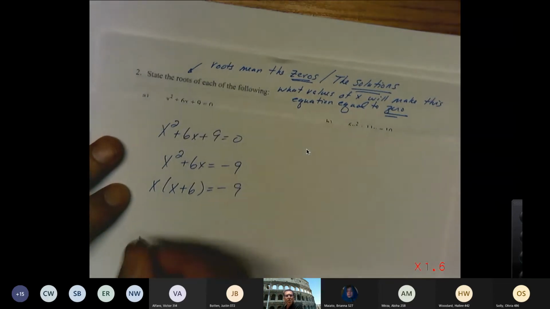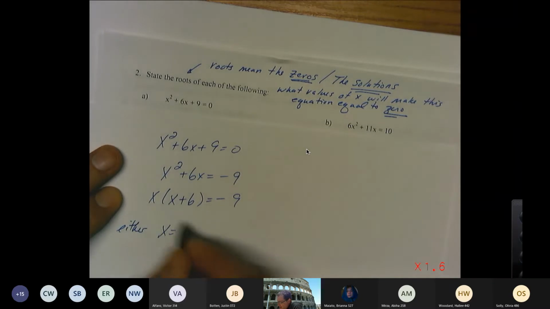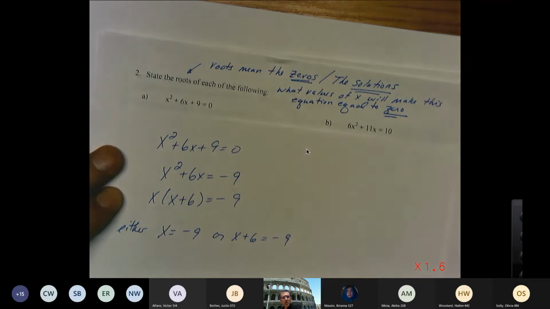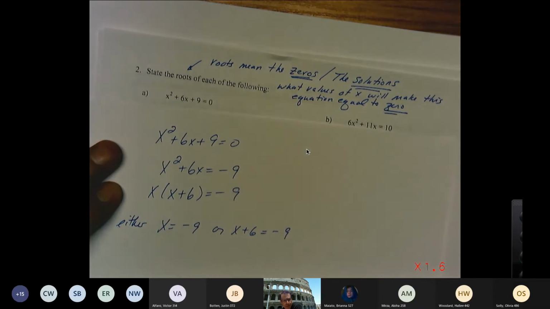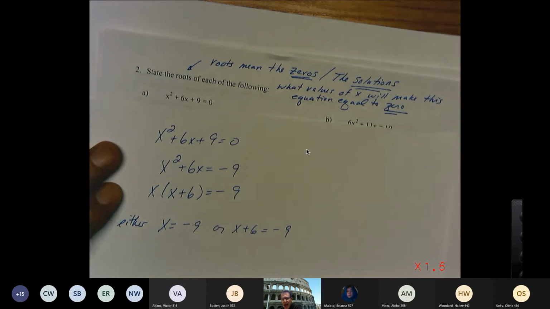And then they try to tell me that either x equals negative 9 or x plus 6 equals negative 9, which is a big fat lie. It's just not true. If two numbers multiply to give negative 9, they could be any such numbers at all. They could be decimals, they could be 3 times 3, they could be 1 times 9. It goes on and on and on.